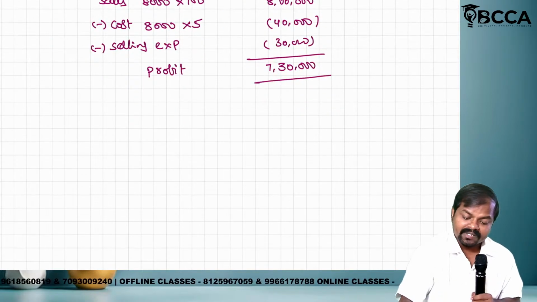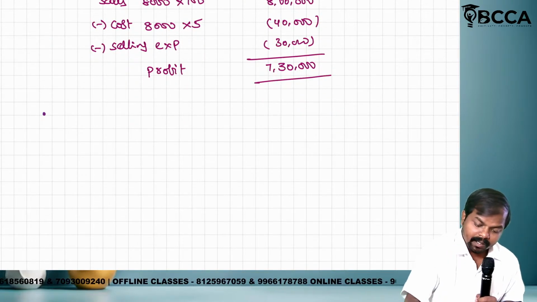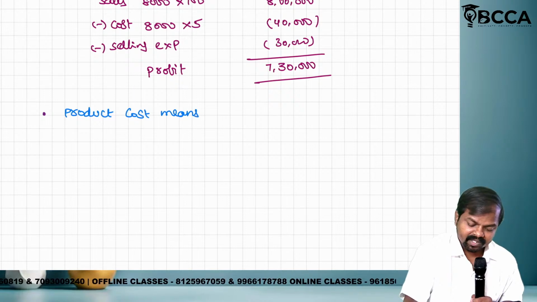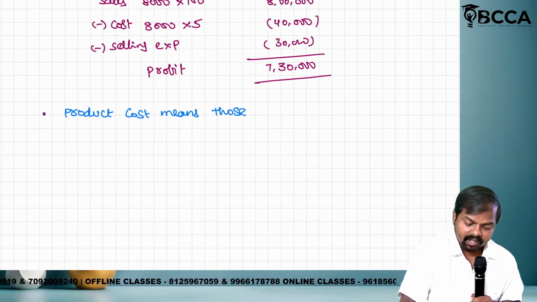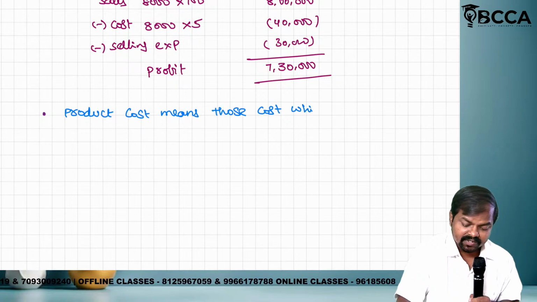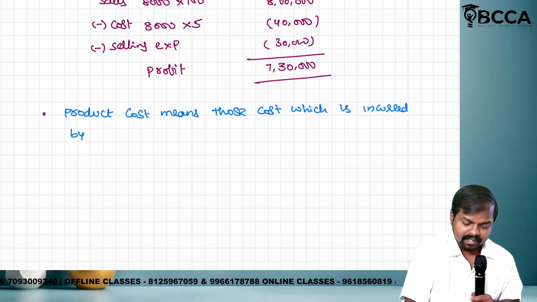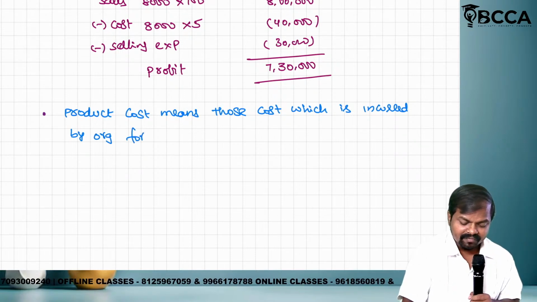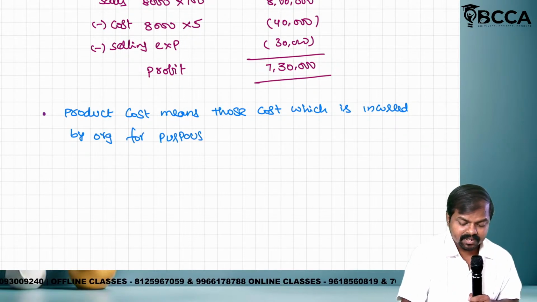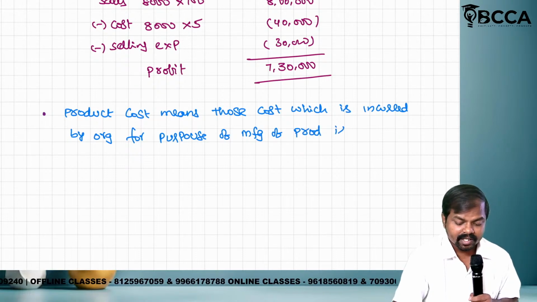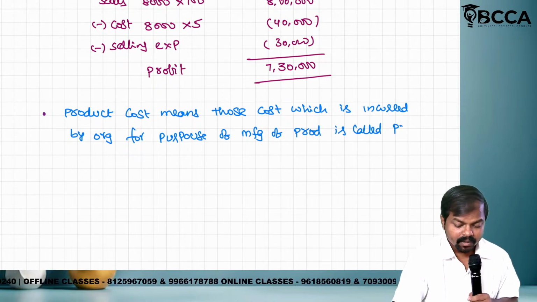Okay, now listen. What is meant by product cost? Product cost means those costs which are incurred by the organization for the purpose of manufacturing of product is called product cost.